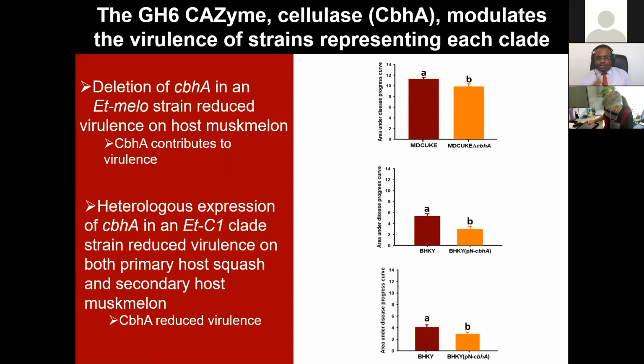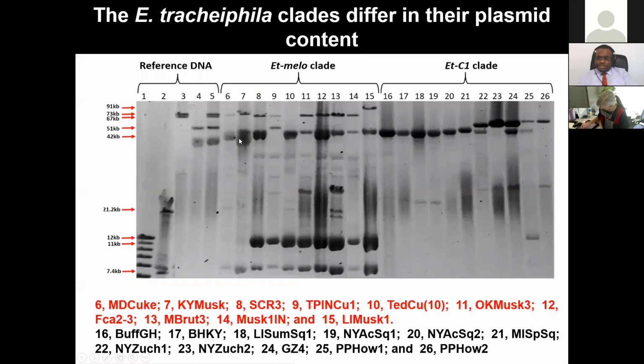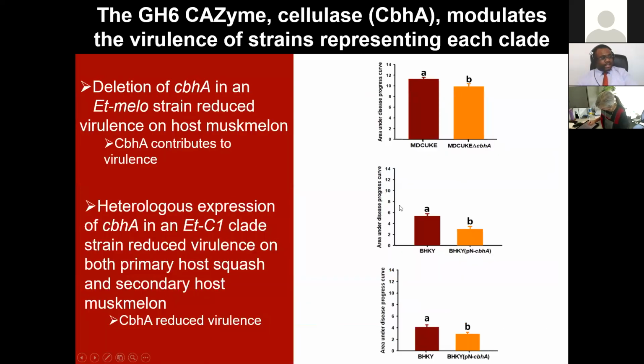So we also moved this gene into the squash strain to see what would happen, whether it would gain the ability to wilt muskmelon or squash faster. But surprisingly, what we found was that when we moved this gene into the squash strains, it reduced the virulence of these strains, both on their primary and on their secondary host.